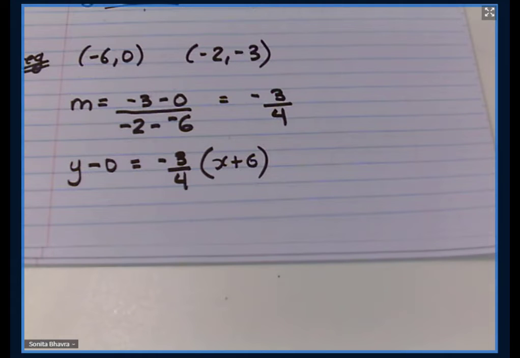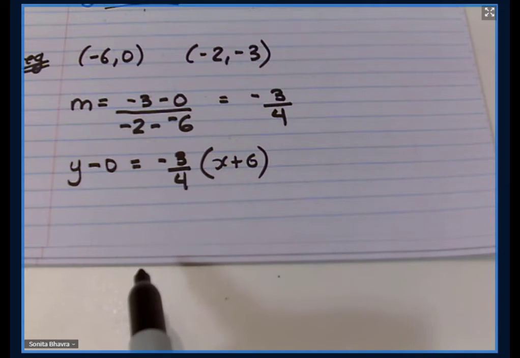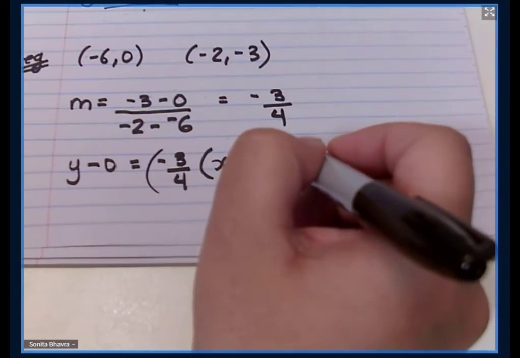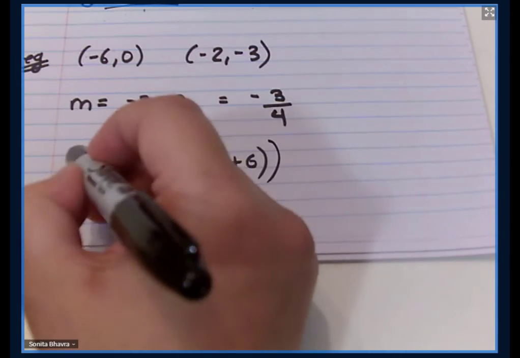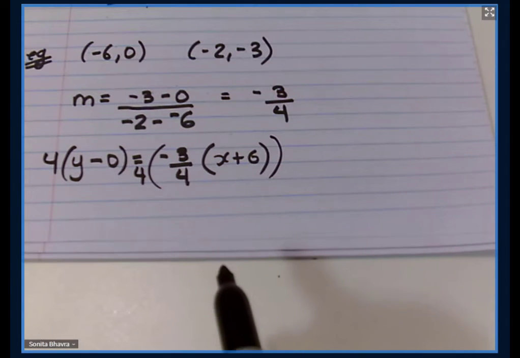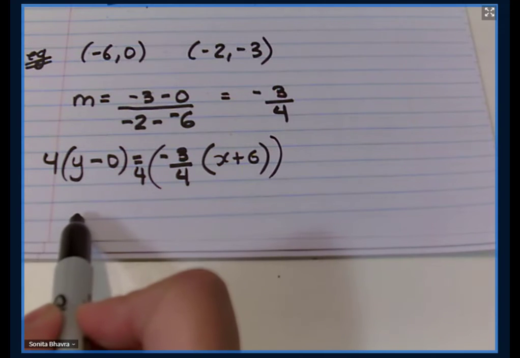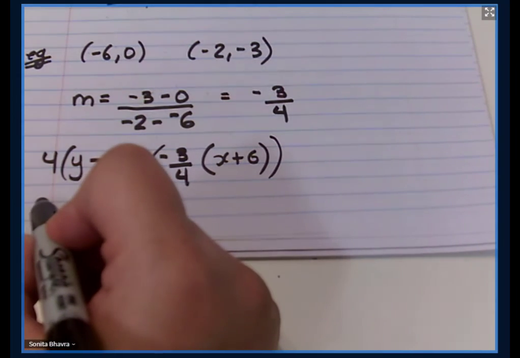So let's do that. We have to get rid of this fraction here. That means we have to multiply the whole equation by 4. So I'm just going to show here that I'm multiplying both sides by 4. On the left-hand side, we end up with 4y. I'm just going to show that in one more step here.